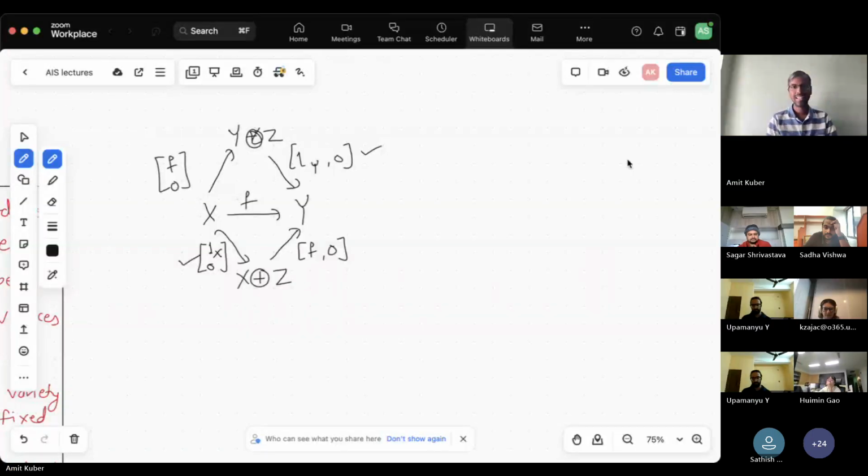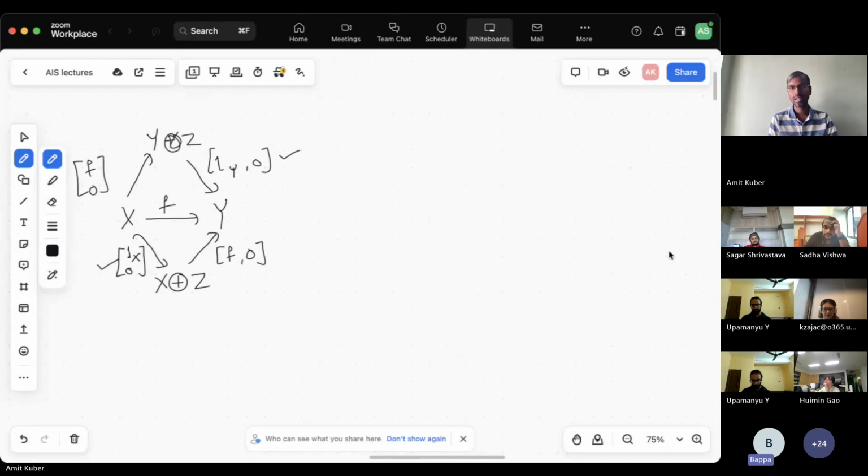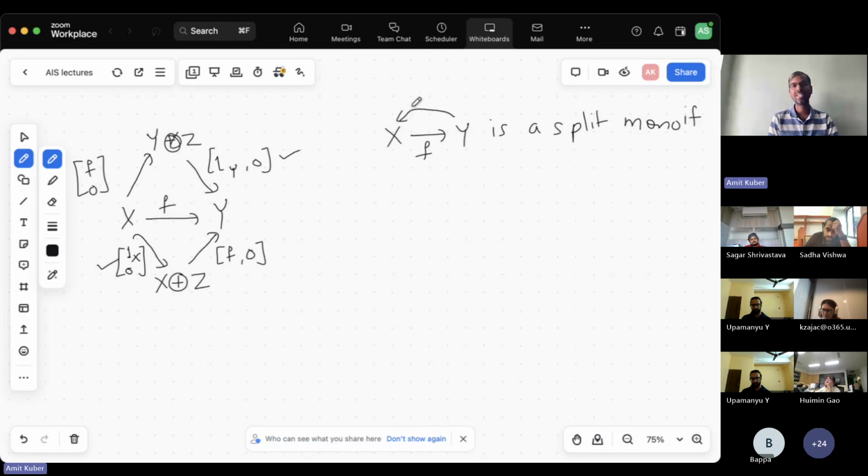What do you mean by split then? Do you mean that it is just the split of the morphism F in some sense? See, F is a split mono if there exists a G such that G composed with F is identity on X. The dual version is the split epi.